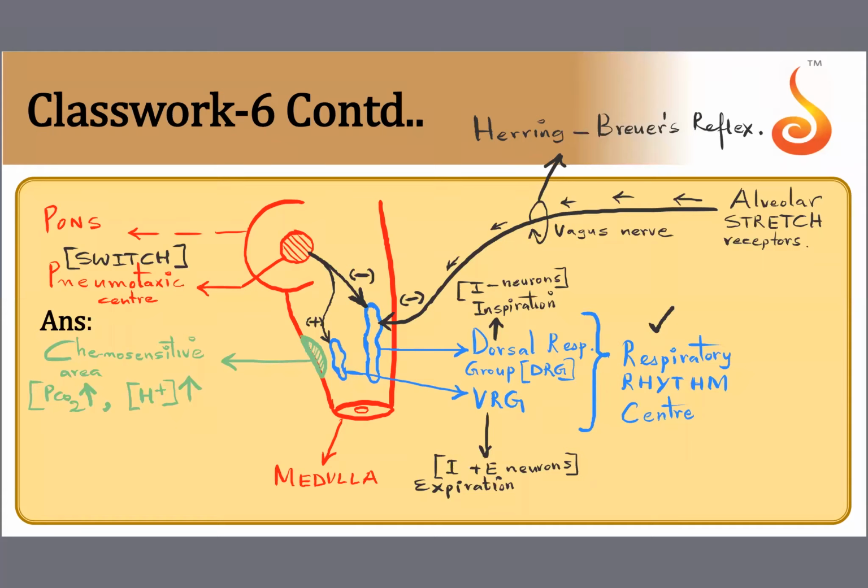Is this nerve sensory or motor? Any idea? See the direction of impulse transmission. Is it sensory or motor? Good, I asked this question because many of you are giving me wrong answers. Is it sensory or motor? The direction of the arrow you see, yes, it is sensory, it's afferent, it's carrying signals towards your central nervous system, towards your brain.